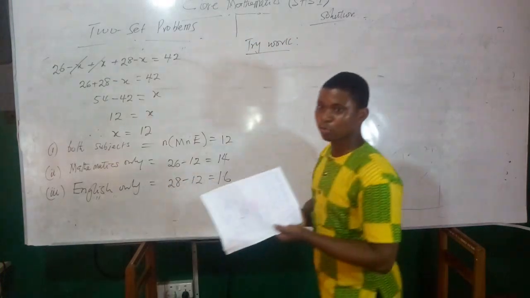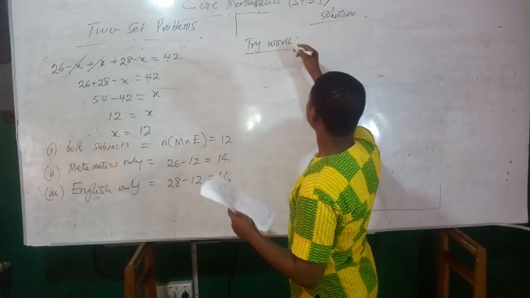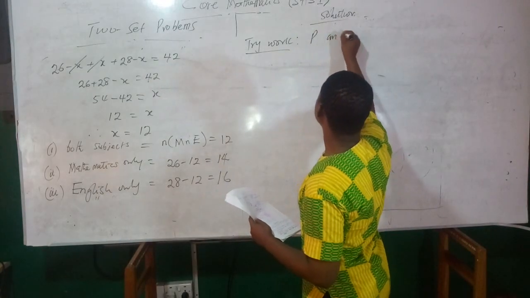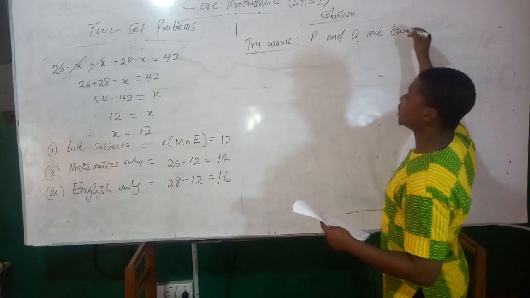So you are supposed to answer this one within just 3 minutes or 5 minutes. P and Q are two intersecting sets.